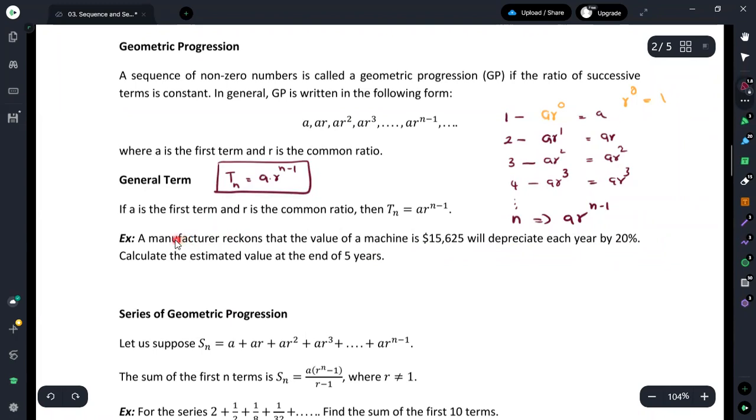It says that according to today's price, the manufacturer says that the machine value is $15,625. Therefore, this is the initial value we have.